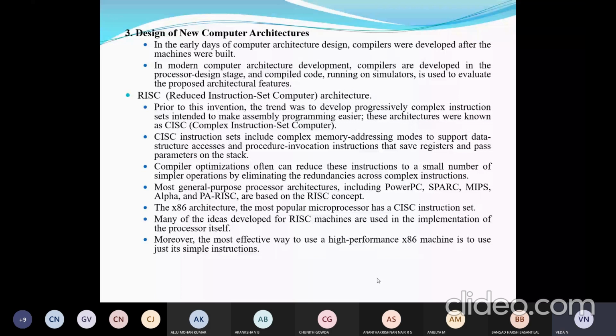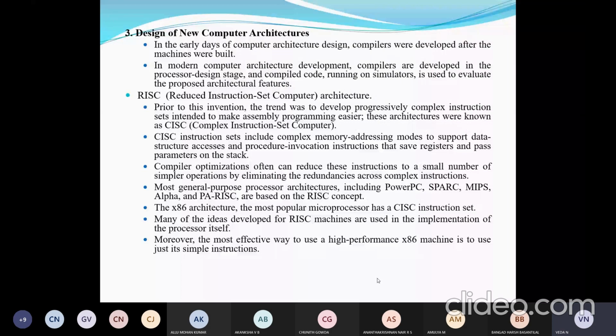Then compiler optimization can reduce these instructions to a small number of simple operations by just eliminating the redundancies across complex instructions. So it is possible with compiler optimization, even if it's using CISC, to reduce the instructions so that it will give you efficient performance.